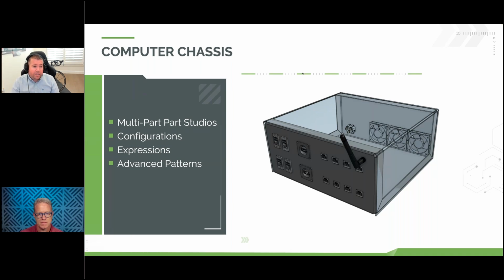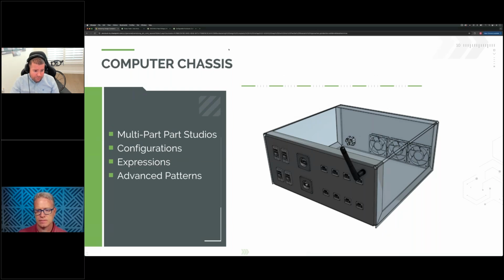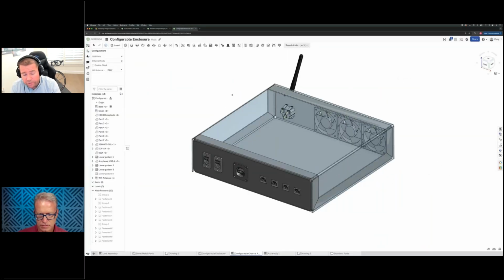So let's dive into a quick example of this, and I will be brief, but in this case, we have a configurable chassis. It's just an enclosure. Maybe it's a network attached storage or some kind of computing box that has lots of USB inputs and lots of HDMI inputs and power in the back and Wi-Fi antennas and all these different pieces.